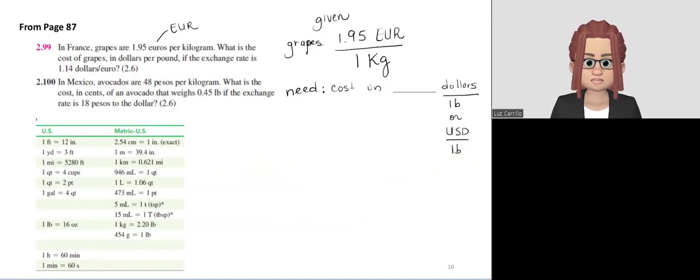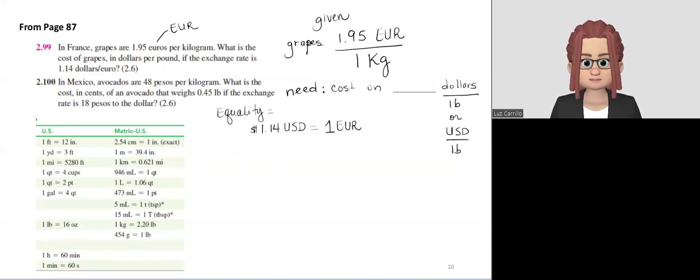The other piece of information that is given in the problem is the exchange. How many dollars correspond to a euro? So we have an equality given. That equality is $1.14 of US dollar equals 1 euro.